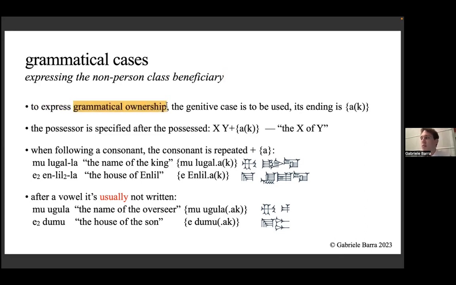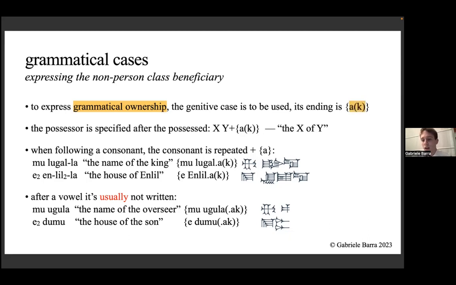So this is, I guess, the most important grammatical case because you see it a lot. Even in English, we use a lot of 's and 'of's, so it's quite common. And the thing is, it looks really similar to the locative, so sometimes you have to look out. So what is the ending of it?